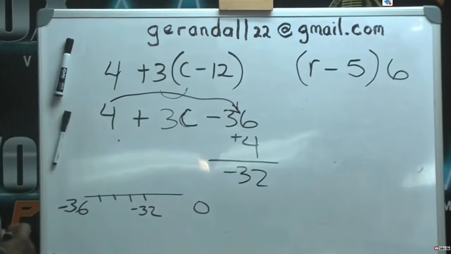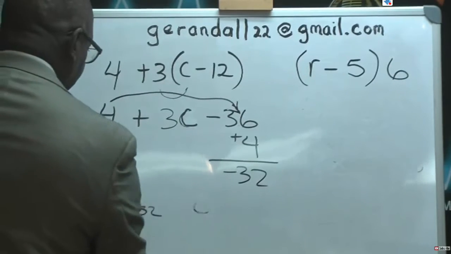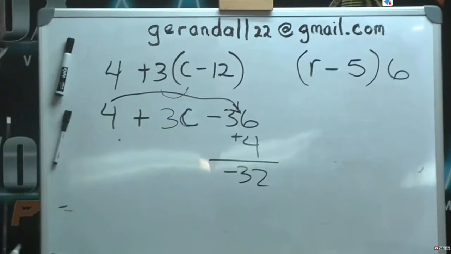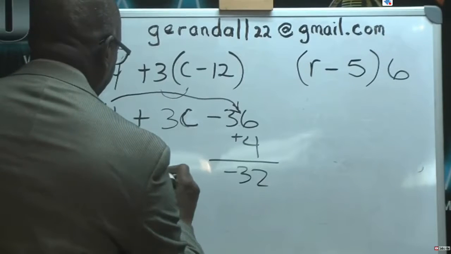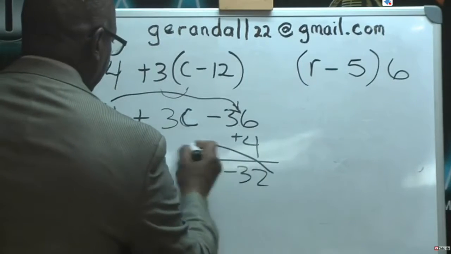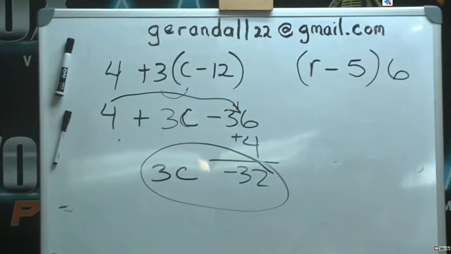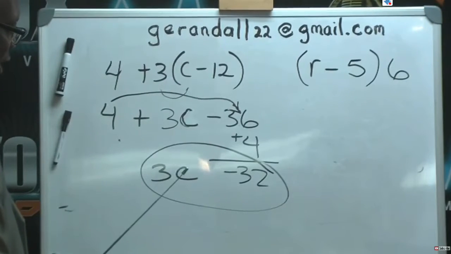Okay? And your final answer would be 3C minus 32. No numeric answer. And this is the introduction of algebra. Okay?